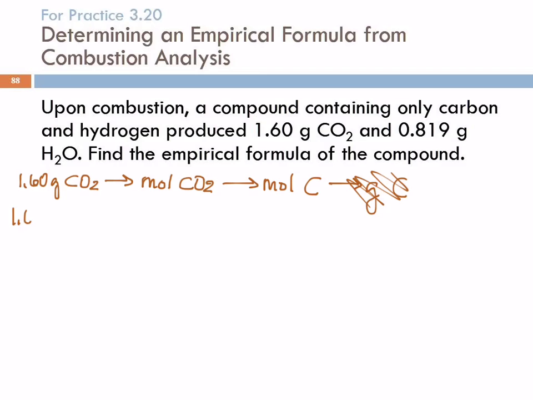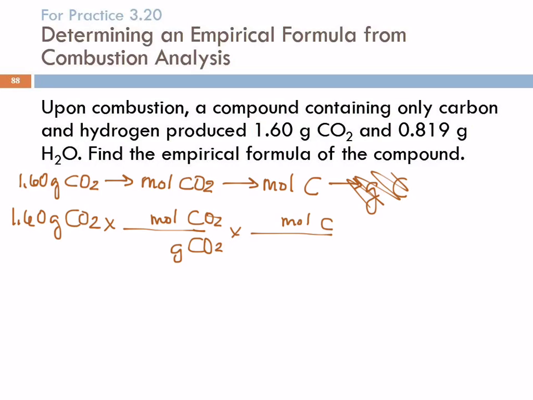So 1.60 grams of CO2, and we're going to have moles of CO2 per gram of CO2, and then we're going to have moles of carbon per mole of CO2. And all the units are canceling out.